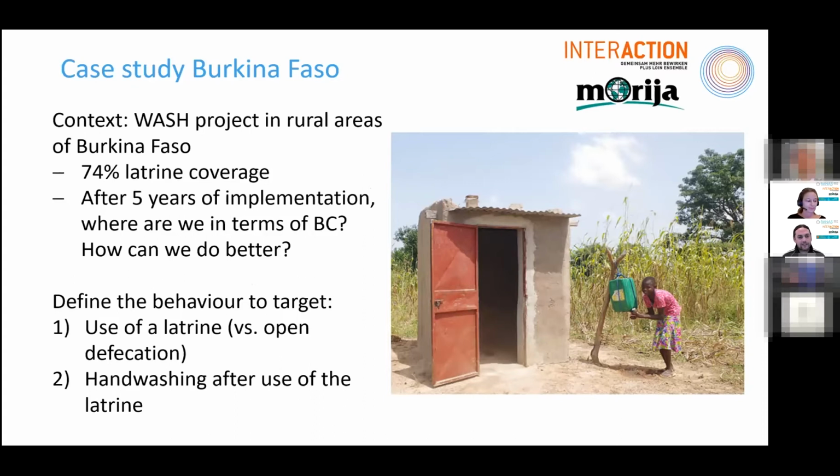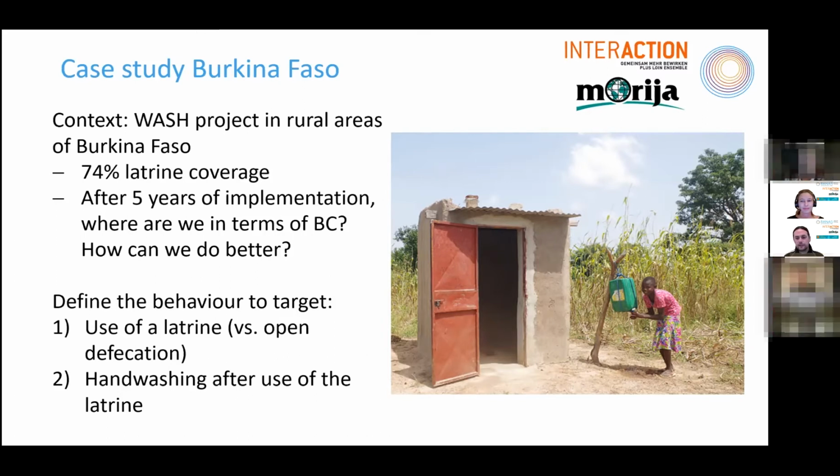Thank you, Andrea. Yeah, so we will take the case of a project in Burkina Faso that Morija has been implementing for 5 years, in an area where there are 27 villages, so a rural area.